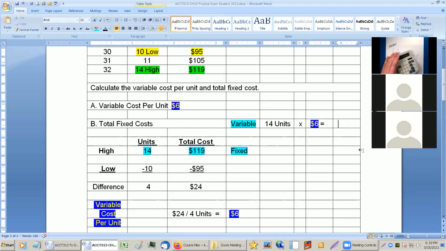Okay, so this is the total variable cost.